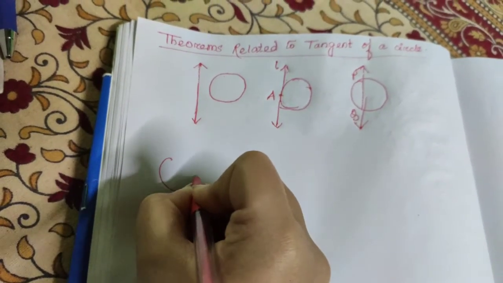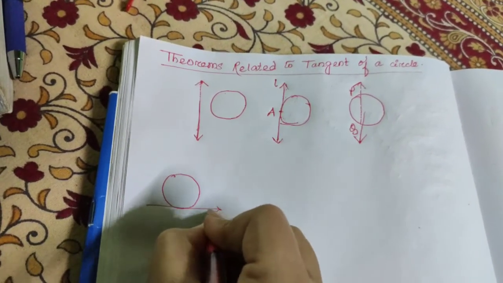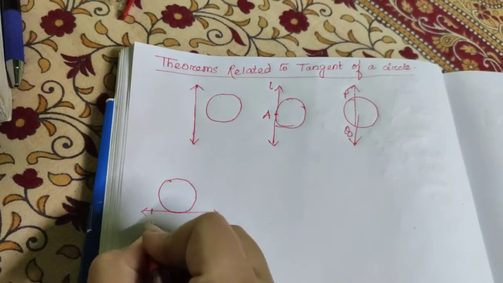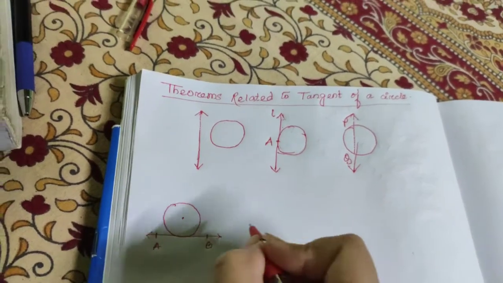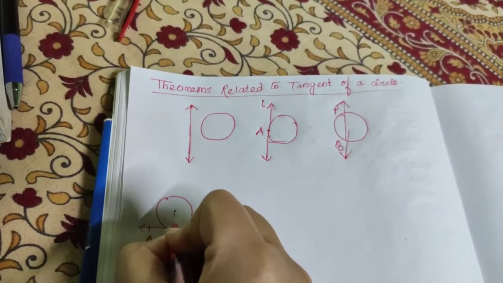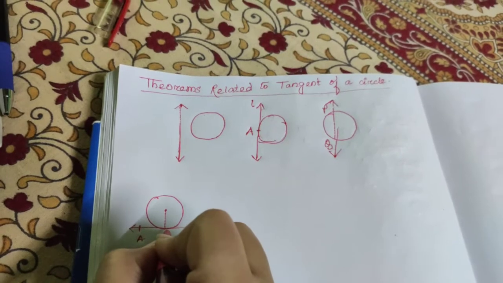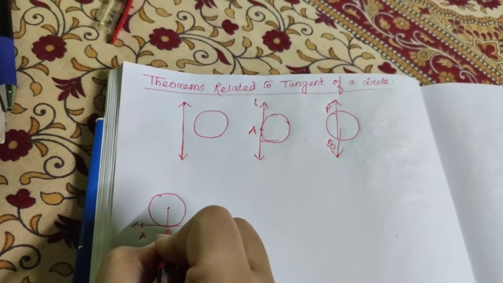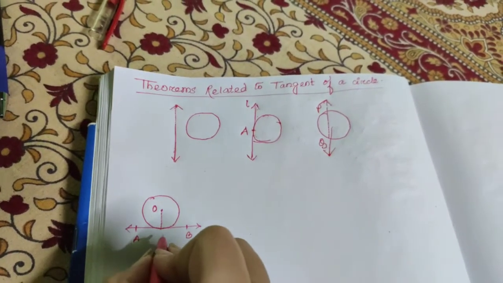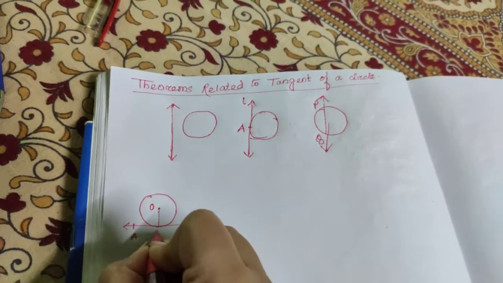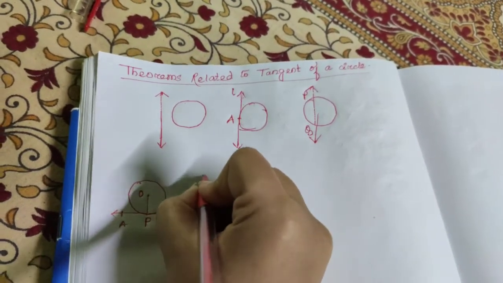The theorem states that for any circle, the radius through the point of contact is perpendicular to the tangent. Here I am taking O as the center of the circle, OP is the radius of the circle and AB is the tangent.